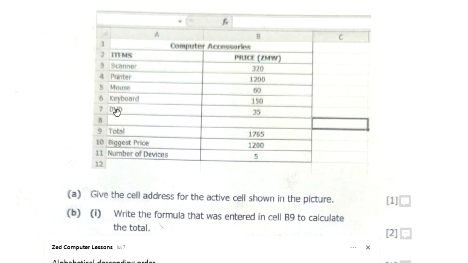Whichever item that has the first letter of the alphabet will be below. Then the other letters will follow. So as you can see, K is furthest from the first letter, M, P, and so on. So if we had an item that started with the letter Z, it would have been the first item because it's in alphabetical descending order.